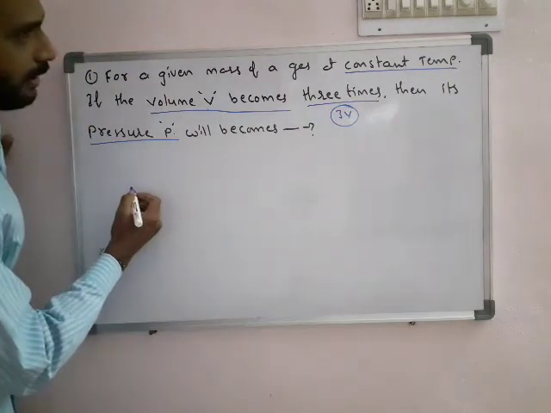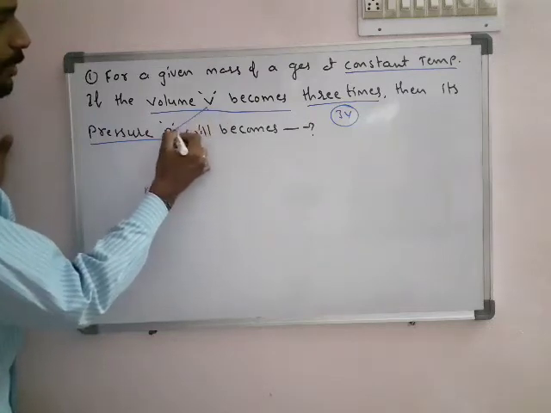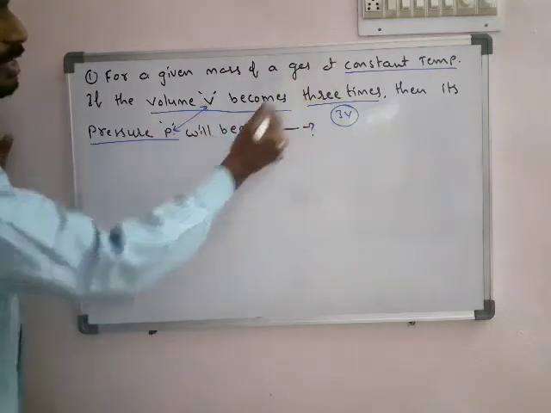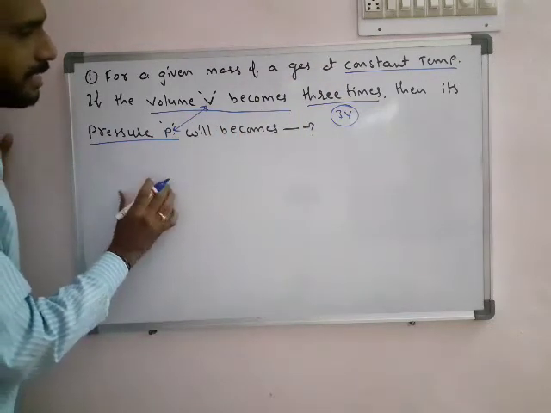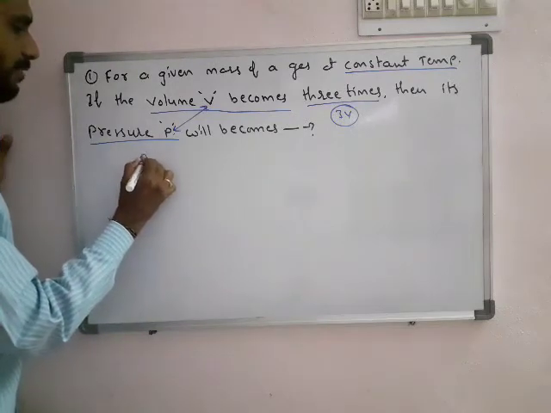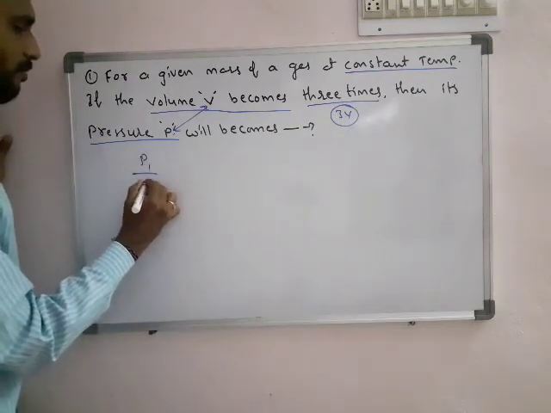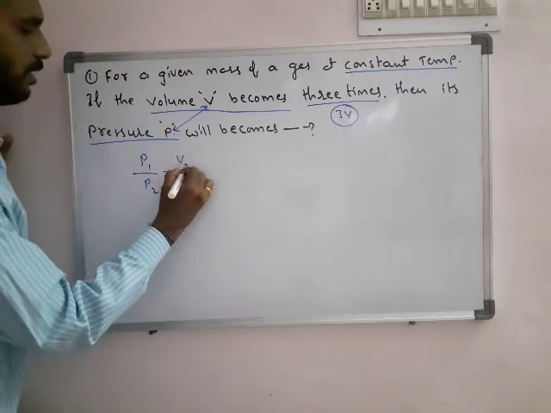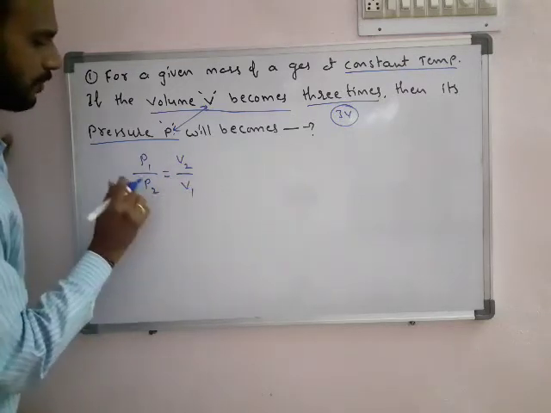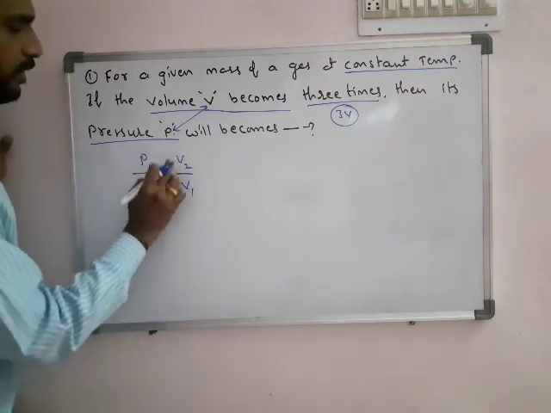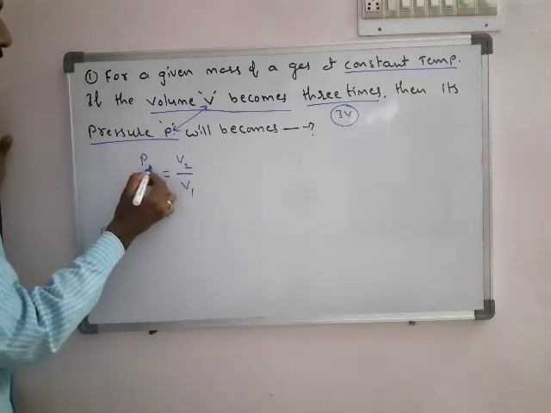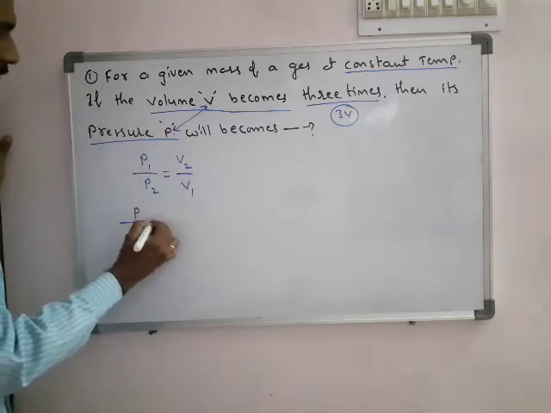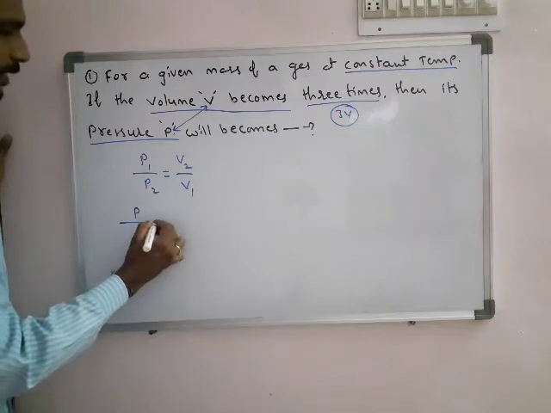Okay, now it is the relation between pressure and volume at constant temperature. So it indicates Boyle's law. So what is Boyle's law equation? P1 by P2 is equal to, they're inversely proportional, that's why P1 by P2 equals V2 by V1. What is V1? Initial pressure P. We need to find out the final pressure.